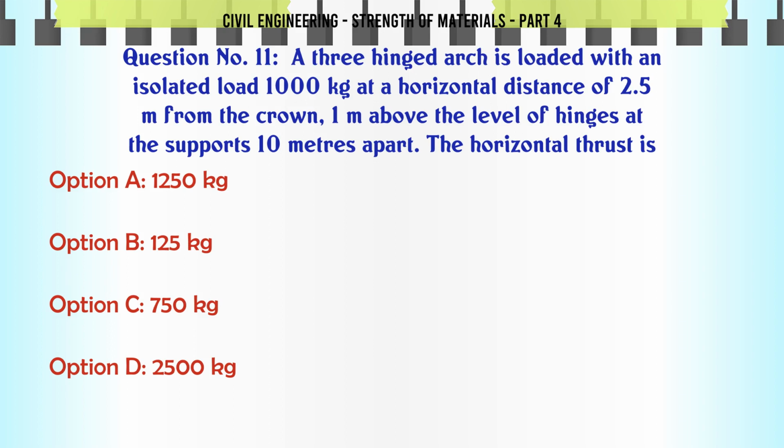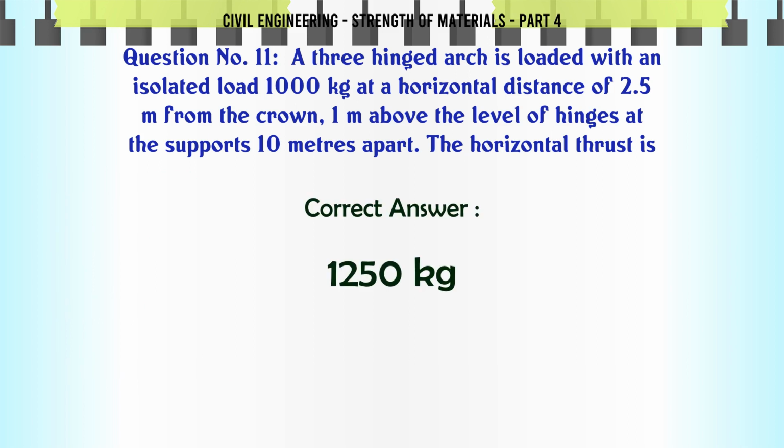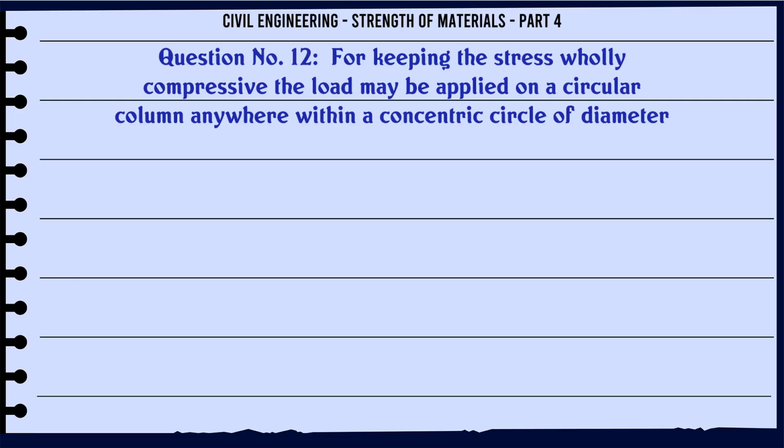The horizontal thrust is A: 1250 kg, B: 125 kg, C: 750 kg, D: 2500 kg. The correct answer is 1250 kg.